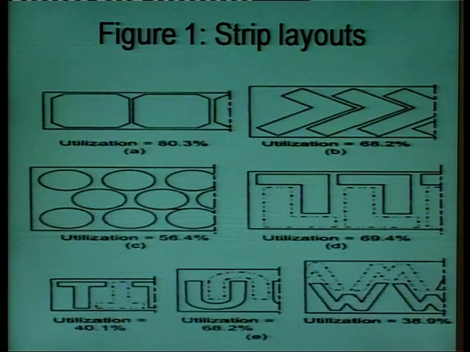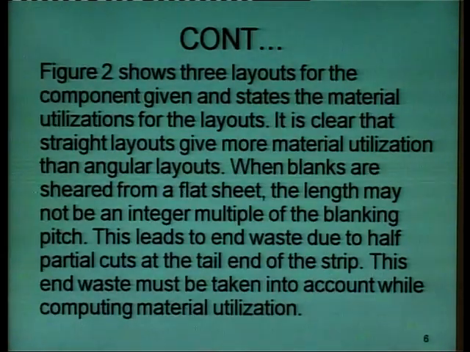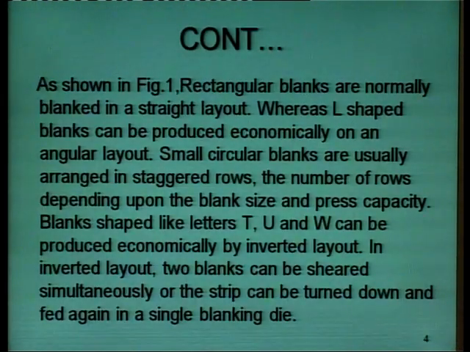This E part shows the inverted layouts, where one letter is straight and the other is inverted. In an inverted layout, two blanks can be sheared simultaneously, or the strip can be turned over and fed again in a simple blanking die.